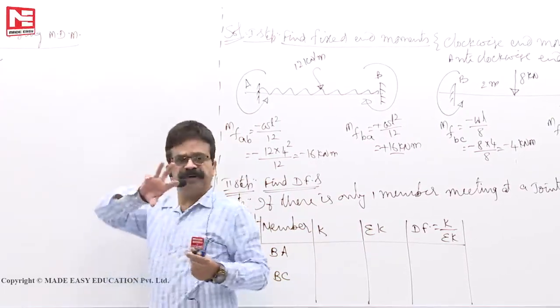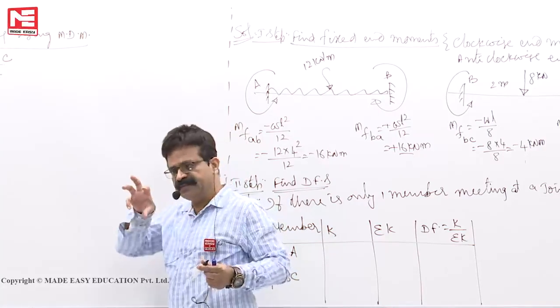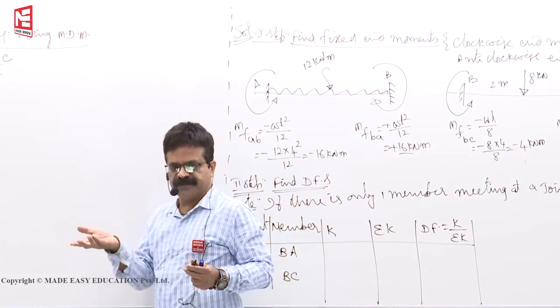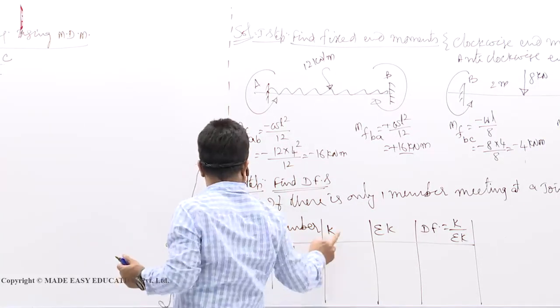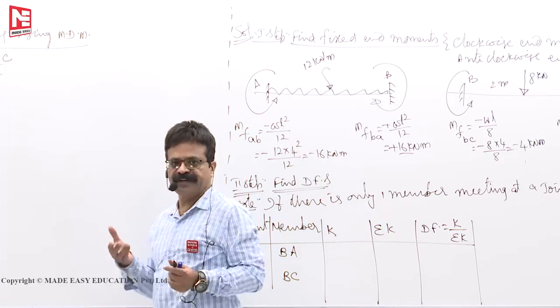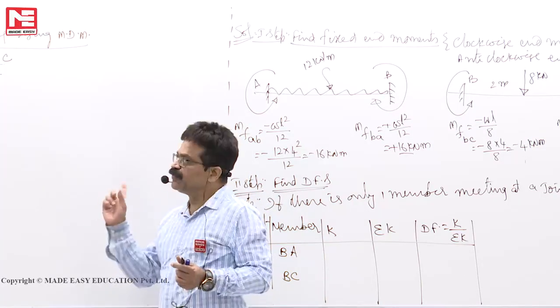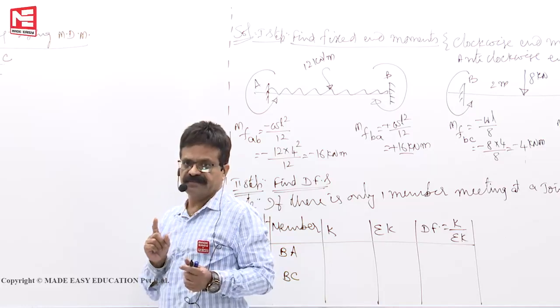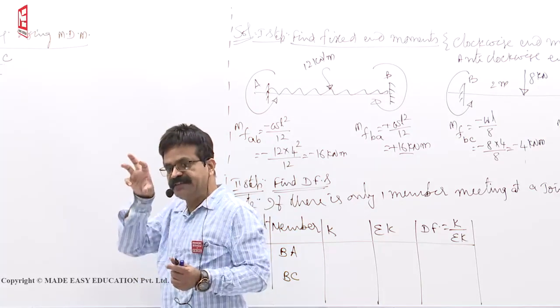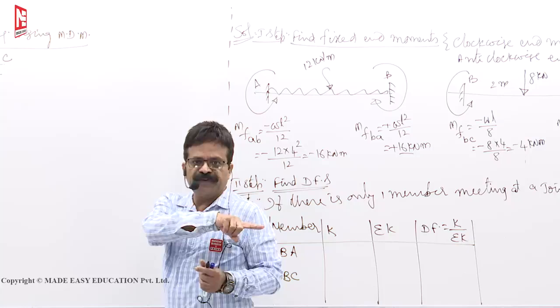When you are applying moment at B, its stiffness factor or relative stiffness, distribution factor means K by sigma K. Wherever you are applying moment, that is the near end, and the other end is the far end.